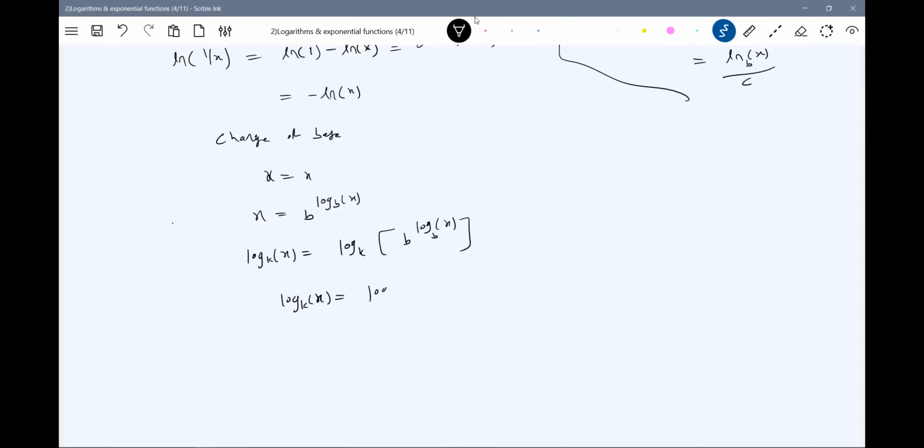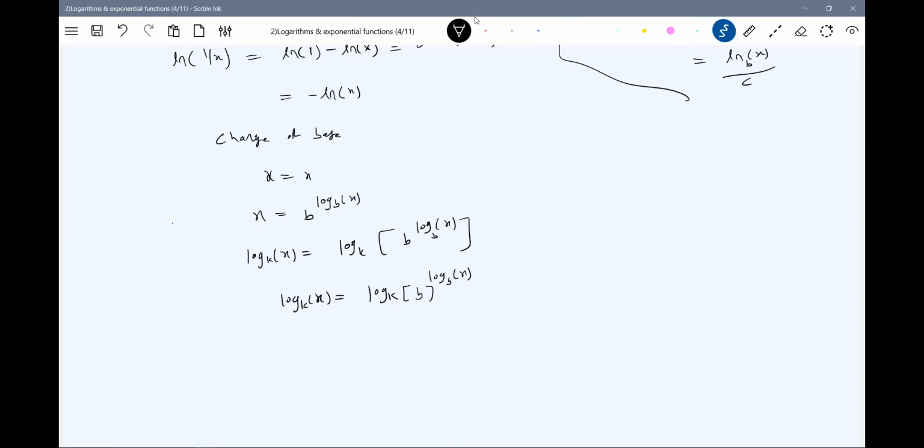The whole bracket term I can write as log b. So this is b to the power of log x to the base b. I'll rearrange it like this so it will be very easy for you to see.